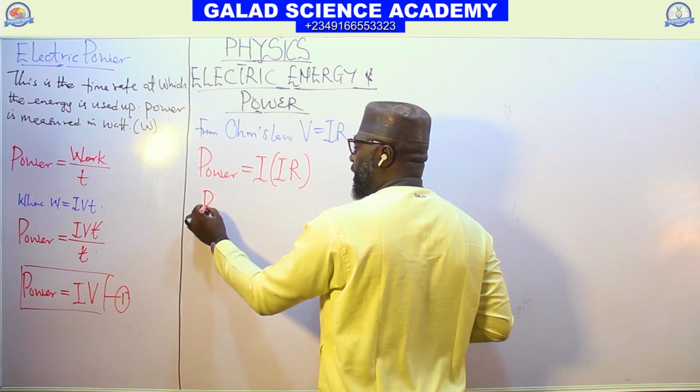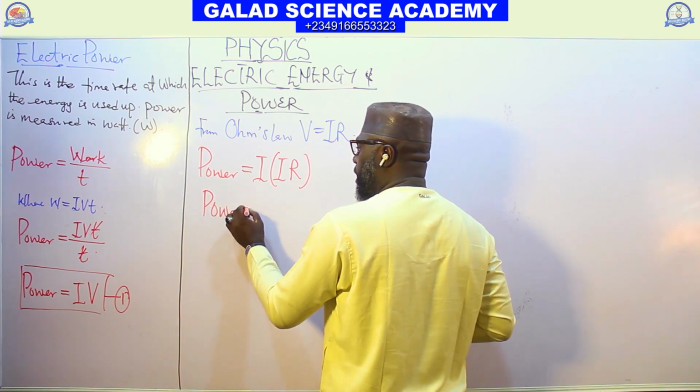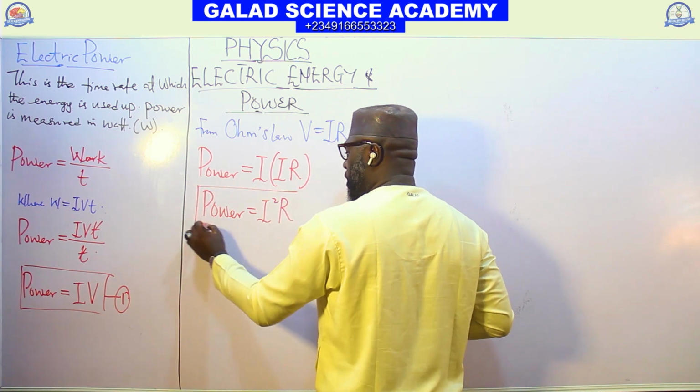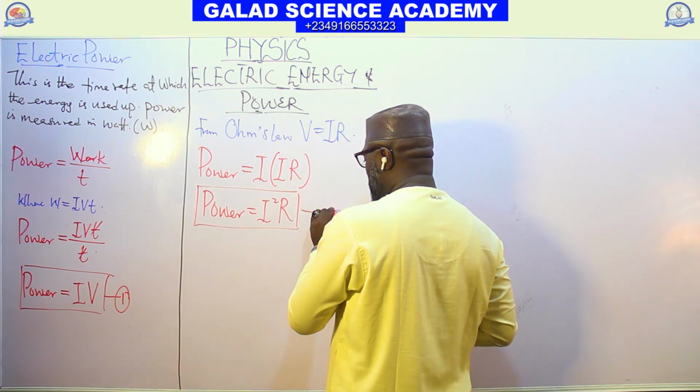We now have electric power as I squared R, which is equation 2.